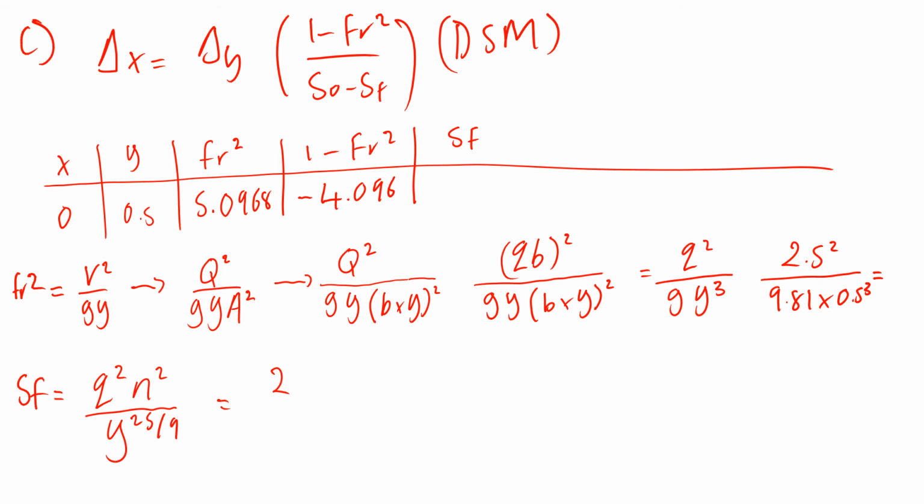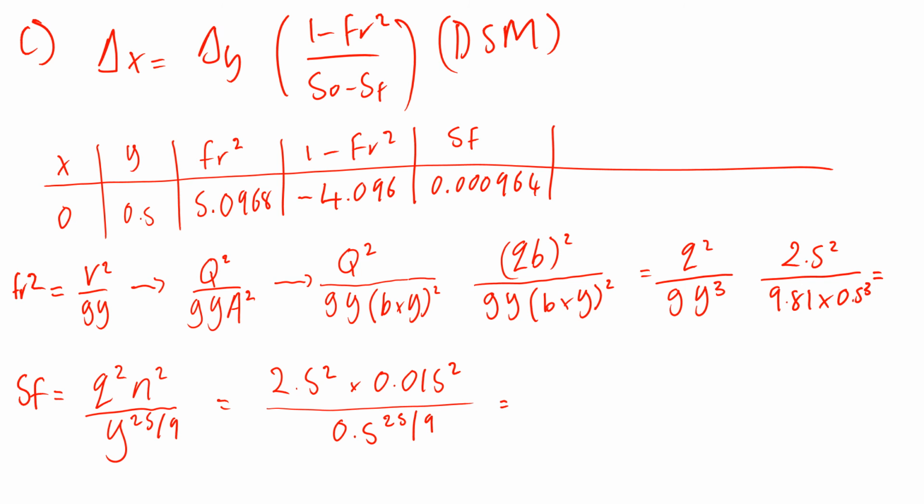And you get 2.5 squared times 0.015 squared over 0.5 to the 25/9. And the answer you get from that is 0.12964.